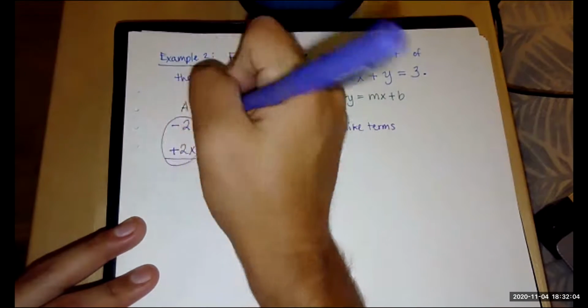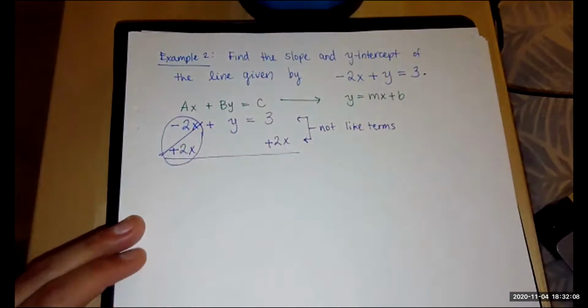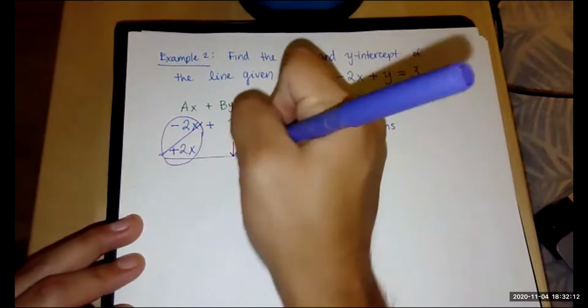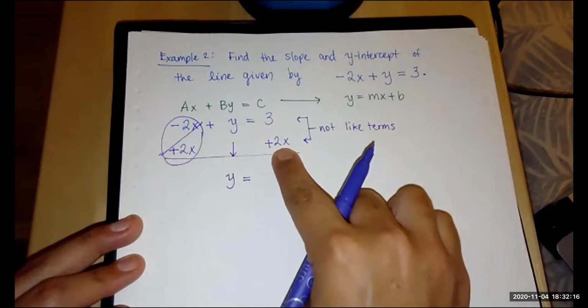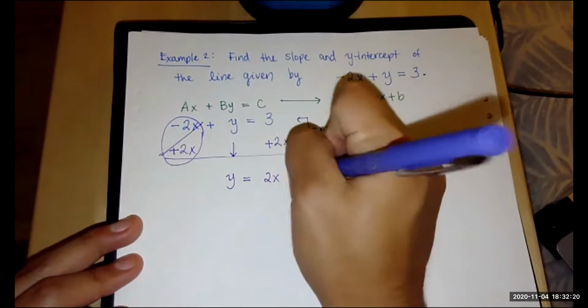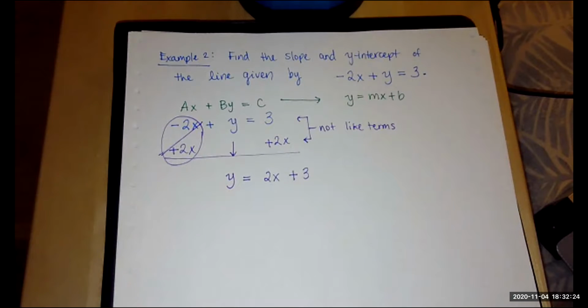So I know that these will cancel out because they are truly opposites. Negative 2x plus 2x is 0. So I'll be left with y is equal to, and then I'm just going to rewrite both of these terms since I can't combine them as 2x plus 3 because this was a positive 3. Does anybody have any questions about that part?